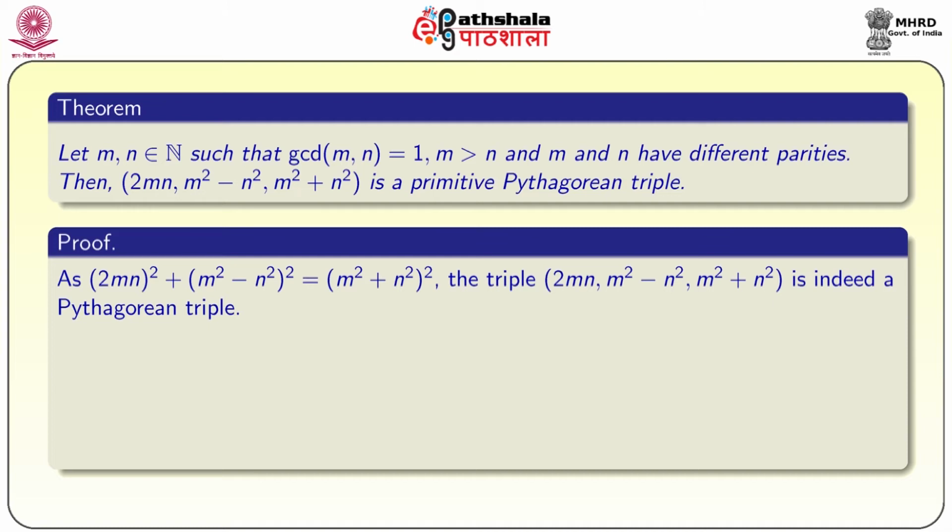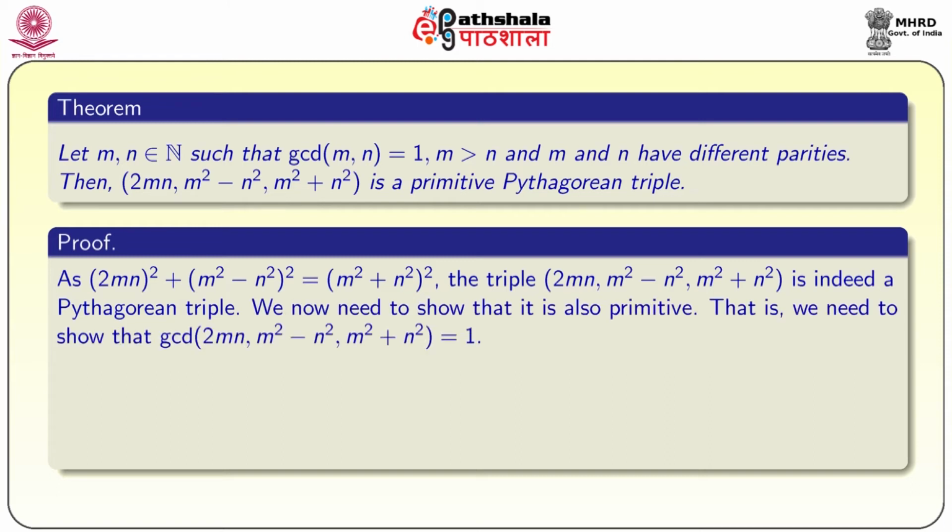First, it is easy to check that (2mn) whole square plus (m square minus n square) whole square is equal to (m square plus n square) whole square. So, this is indeed a Pythagorean triple. Now, we need to show that it is also primitive. That is, we need to show that GCD of 2mn, m square minus n square, m square plus n square has to be 1.